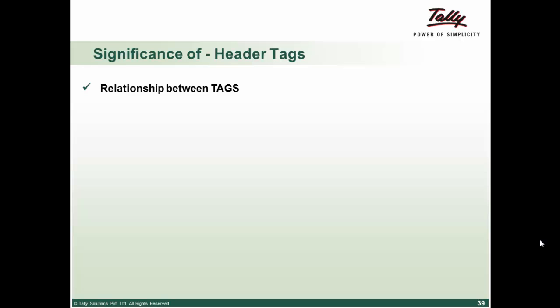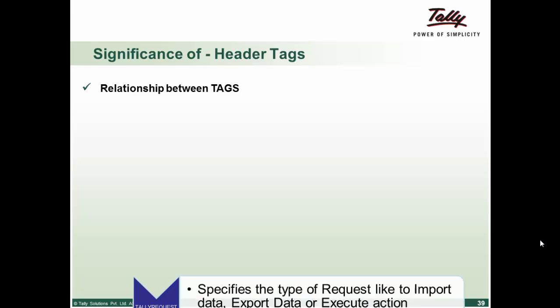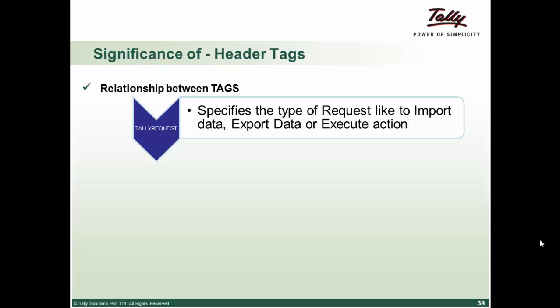Now what is the relationship between the tags? When you talk about Tally request, it specifies the type of request that you would like to make. Like you would like to import the data, export the data, or execute an action.